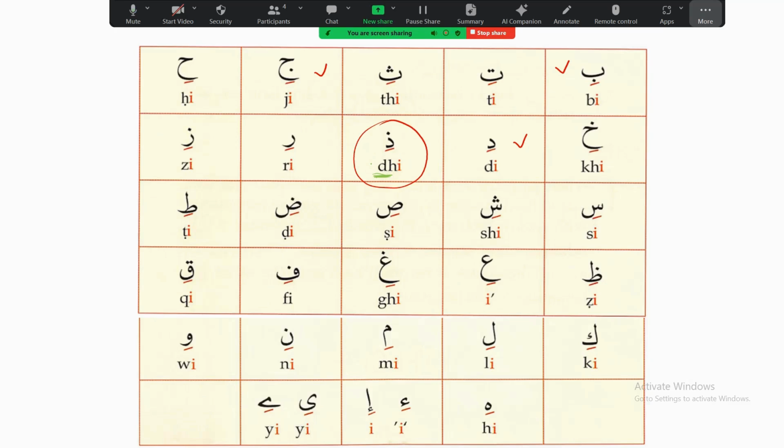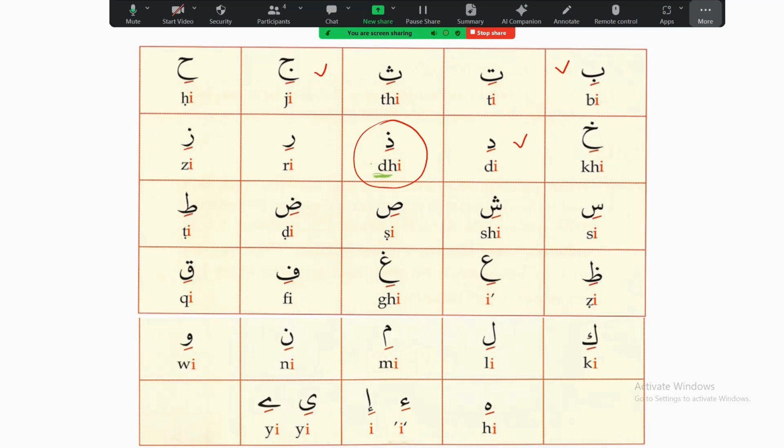So the first of this row was Khi, Di, Zi, like this. And then we have Ra, Kasra, Ri. Then we have the za letter, right? Za, kasra, zi. Now this has this buzzing sound. So you're supposed to look at the qualities as well, along with its actual articulation point.